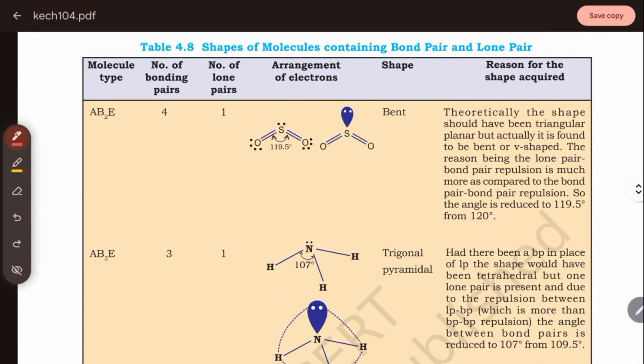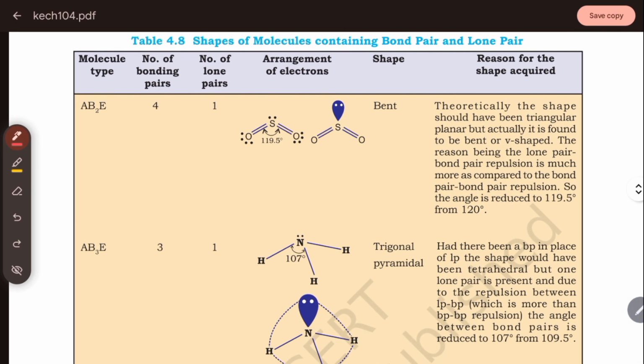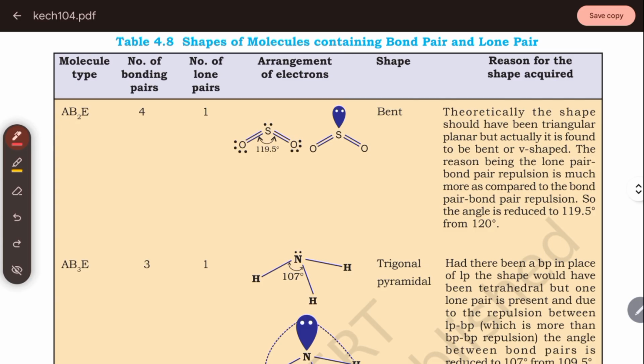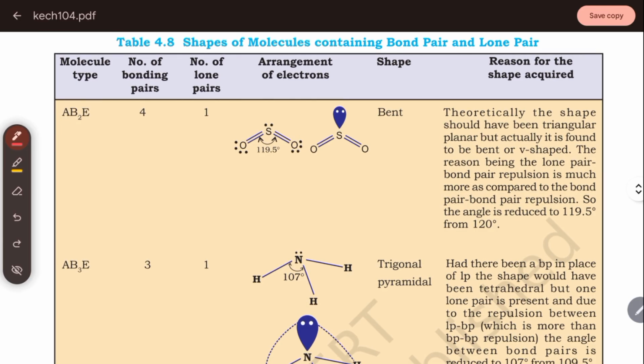Okay. So now we were talking about multiple bonds behaving like a single bond pair. So let us see, the number of bond pairs here is 4. Okay, so AB2E, that means 2 bond pairs and 1 lone pair. But they have written the number of bond pairs equal to 4. Why? Because there is a multiple bond, but it is treated as 1 bond pair.